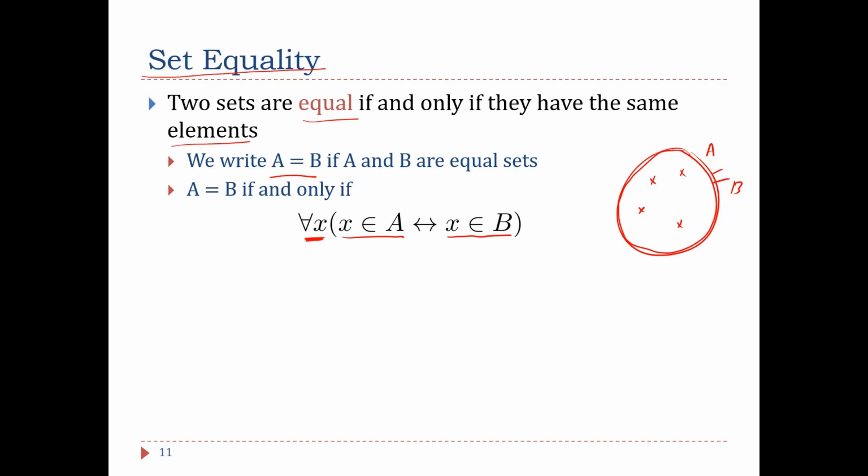You will see that this also has something to do with the subset relationship between sets that you're already familiar with. We will see that this means that A is a subset of B and B is also a subset of A. We'll see it in a couple of slides. So as an example, these two sets are equal. For example, the set of even numbers.